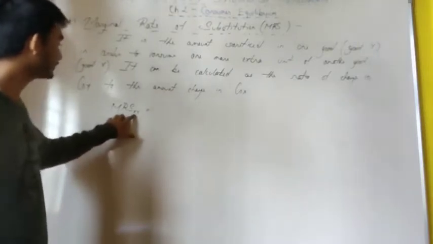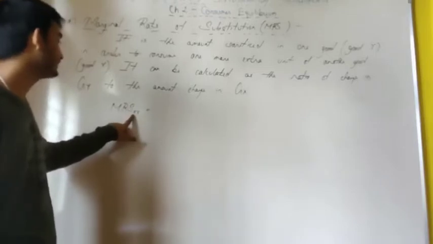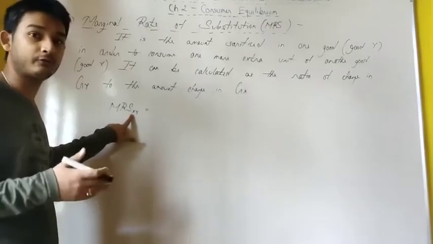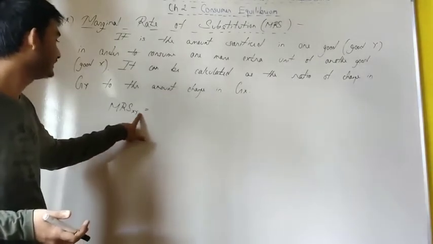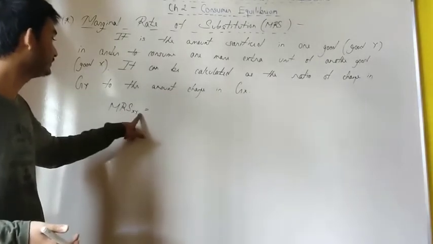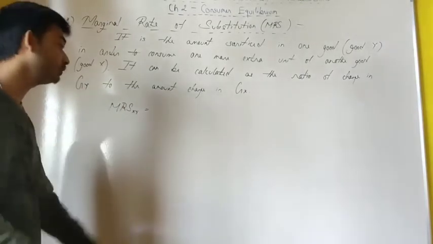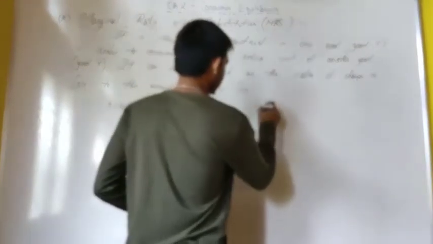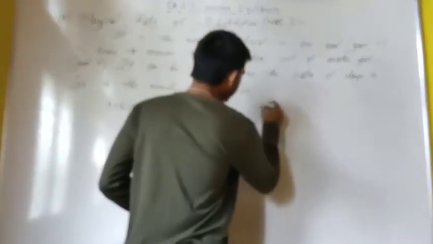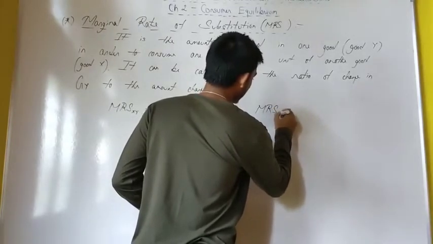The first variable X represents the commodity for which we want to increase the consumption, and the last variable Y represents the other good for which we want to reduce the consumption. It can be written in another way, MRS YX.